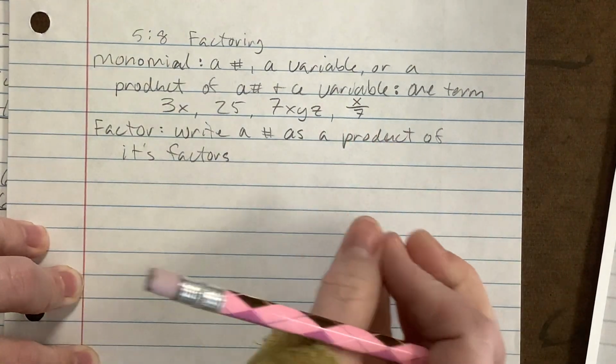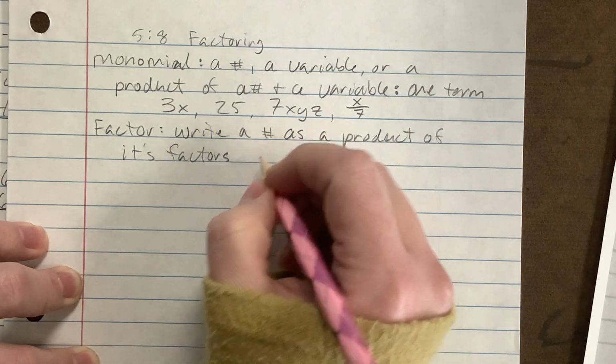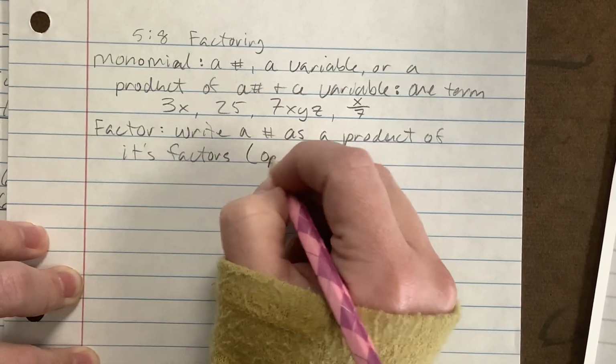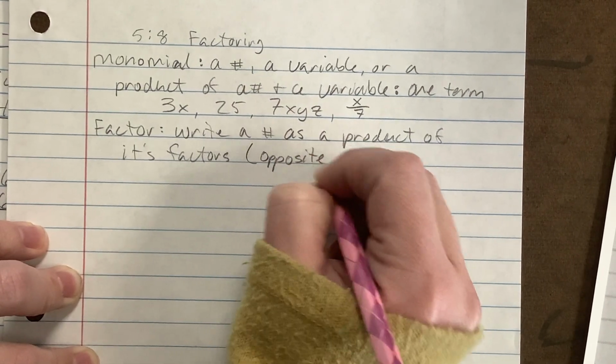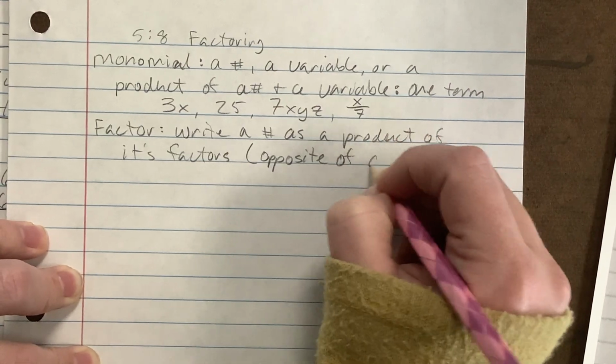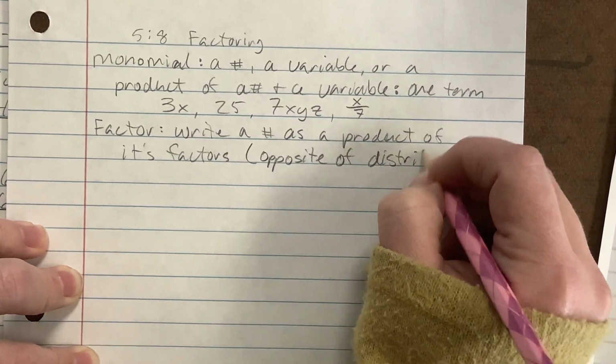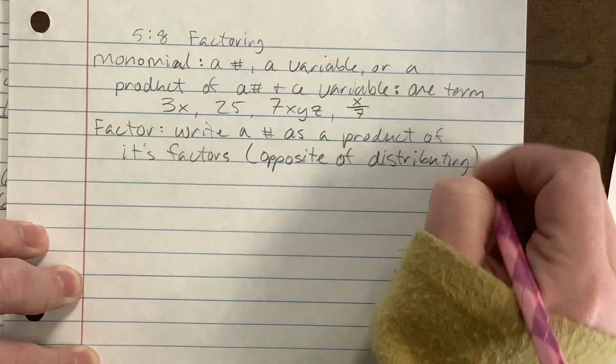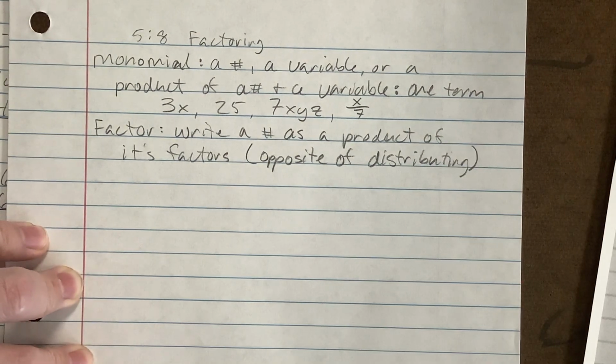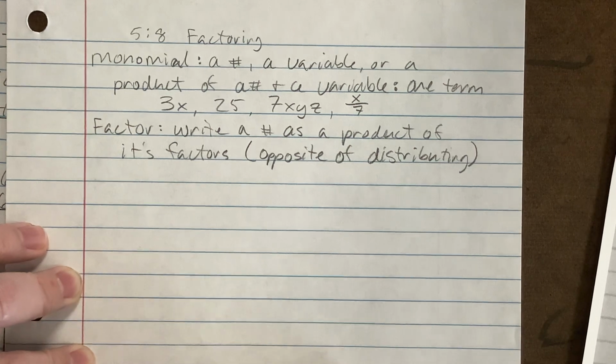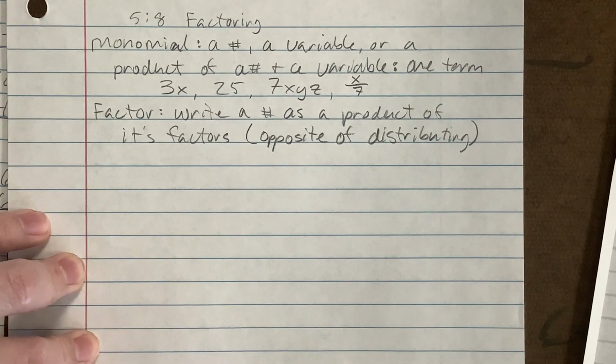So we're pulling a number out of both of them. Like I said, this is the opposite of distributing. Those are our two words that I wanted to define. You probably didn't have a great desire for it.